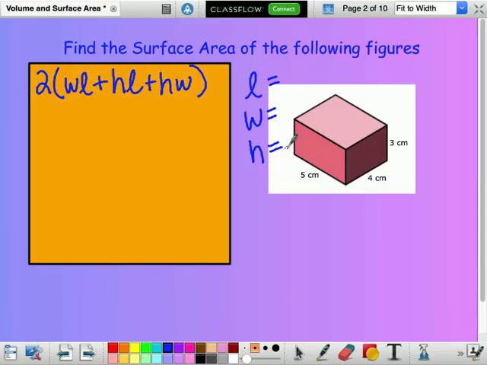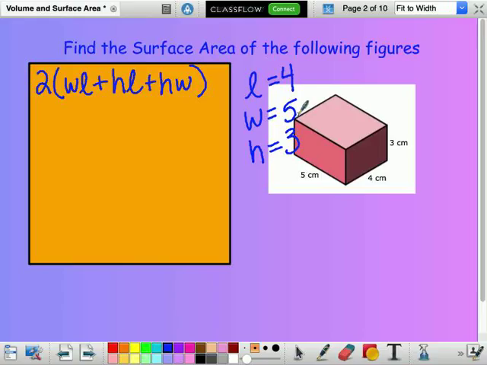The length is 4, the width is 5, and the height is 3. Again, I told you guys this in class. If you switch these, it doesn't matter. You're still going to get the same answer in the end.